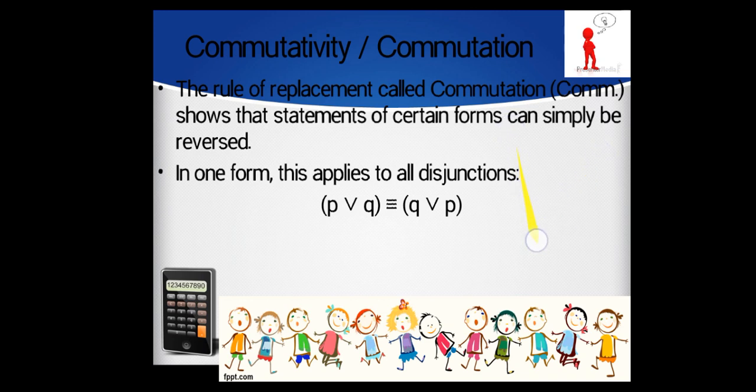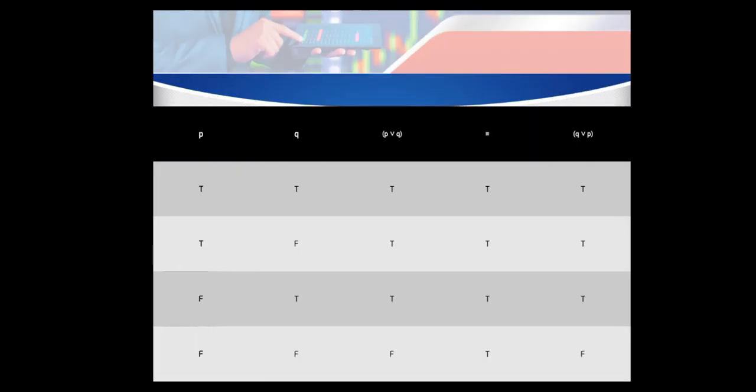This is disjunction, or. Then we have here the quantity of P or Q is equivalent to the quantity of Q or P. As you can see, P and Q ay binaliktad into Q and P. So P or Q is equivalent to Q or P. That is for the disjunction.